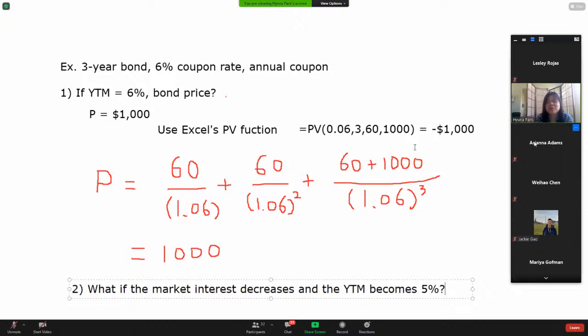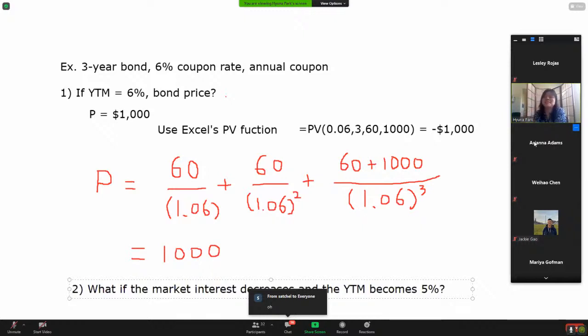What's going to happen to this bond price? When interest rates go down, what's going to happen to the present value? When the discount rate goes down, present value goes up.